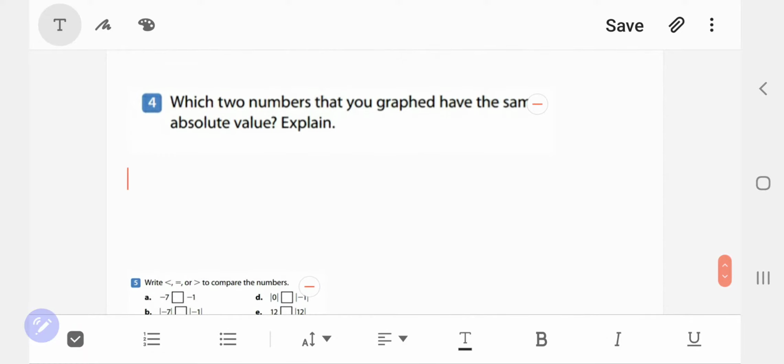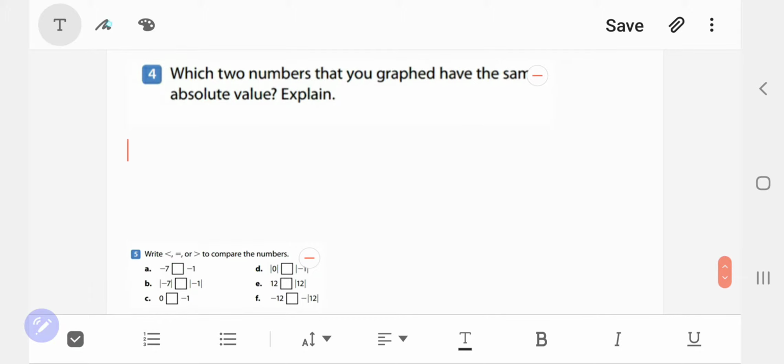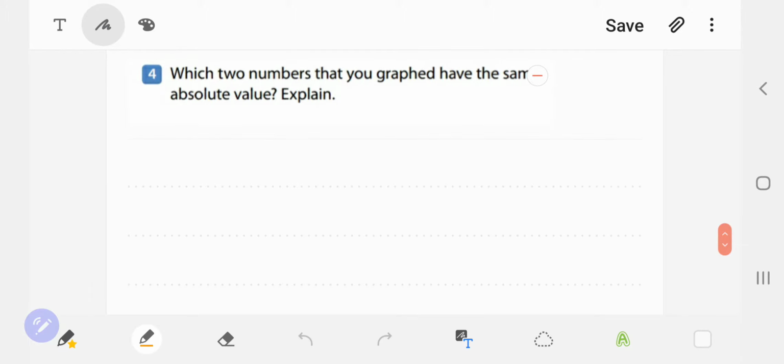So I'm gonna answer that in here. What was the question? The two numbers, so this is what you'll be writing on your packet.